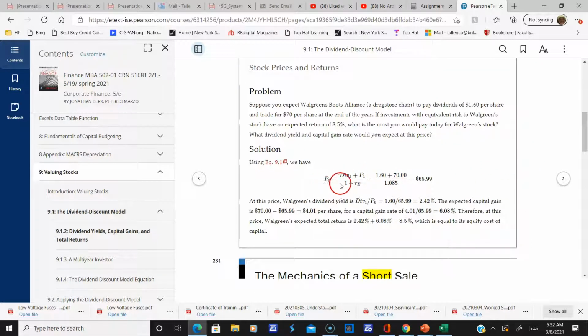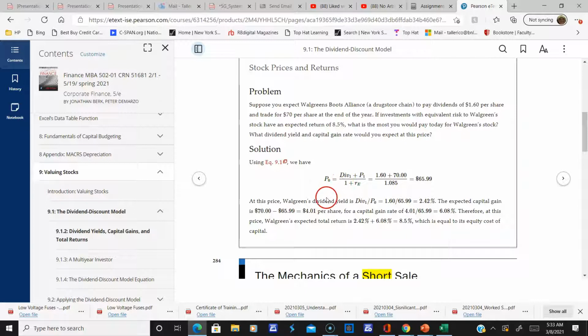So here's a nice example, and they just do a little mathematical exercise here to plug in some numbers. All right, 8.5% expected return, $70 a share, and the dividends were $1.60.